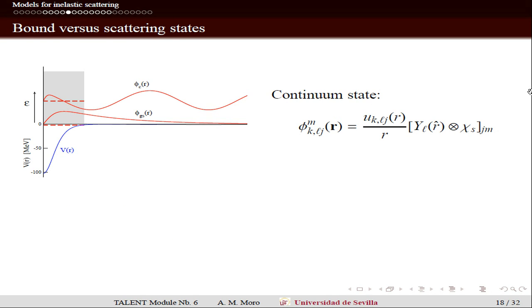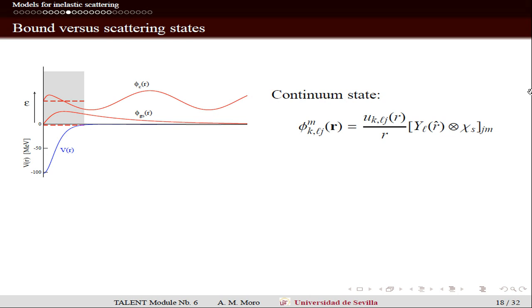This is the idea, for example, for deuteron scattering. A continuum state will contain some radial part, and some angular and spin parts. Here you have the wave function corresponding to the ground state, and this is a wave function corresponding to a continuum state.